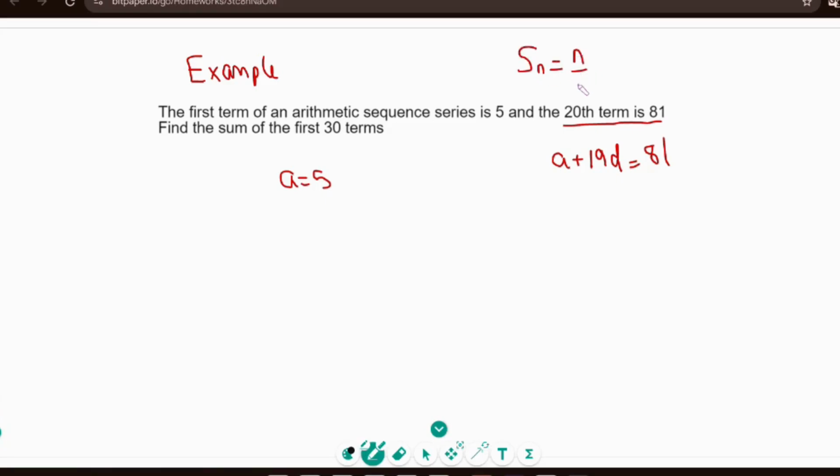Just write down the formula. So all I've done here is write down as many of the sentences as I can in formulas. A is 5, A plus 19D is 81. So because we know that A is 5, we can use that to get our common difference.